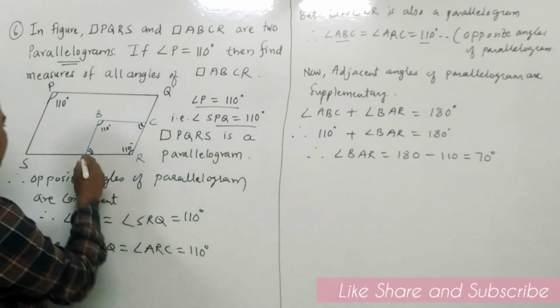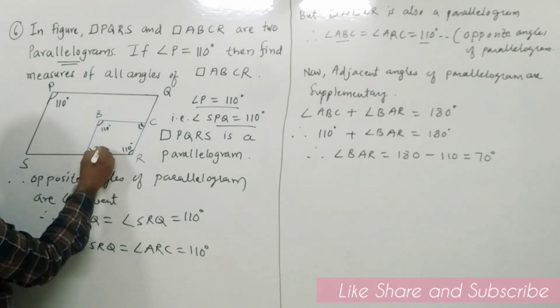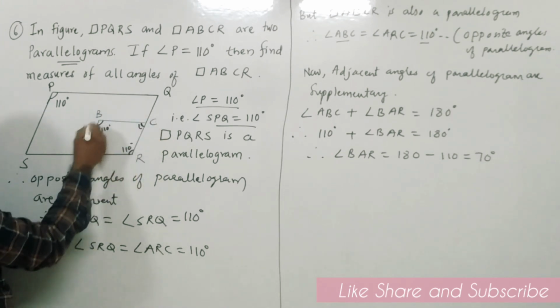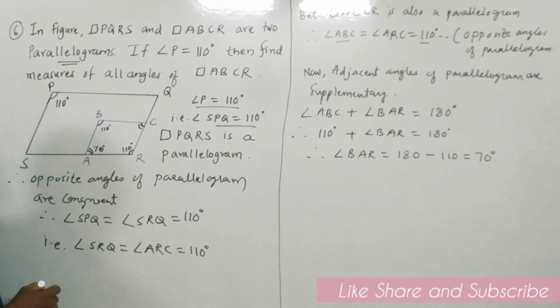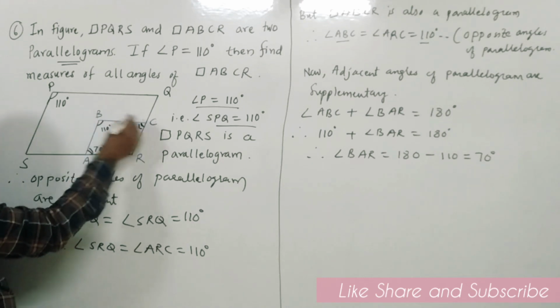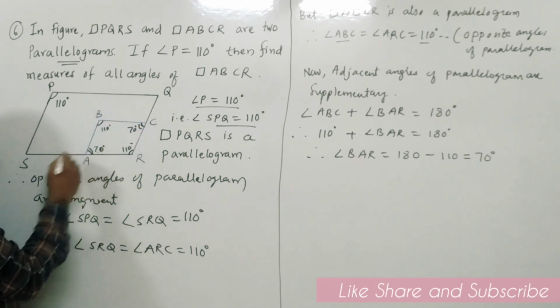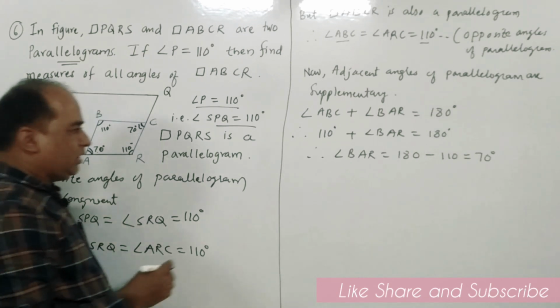So angle BAR is 70 degrees. Again, angle BCR and angle BAR are opposite angles of the parallelogram ABCR. So they are equal. So this is 70. So BCR is also 70.